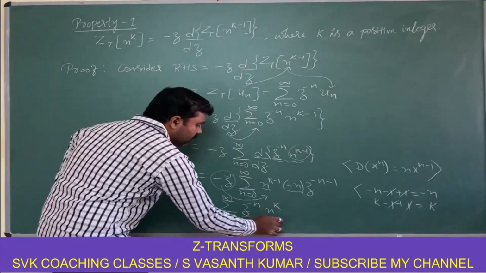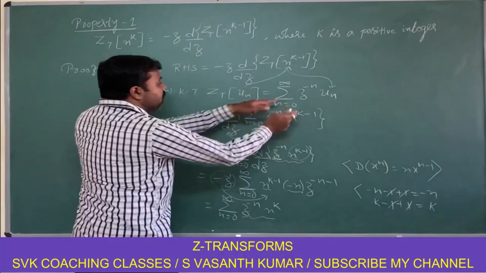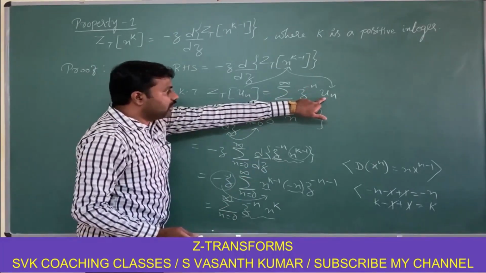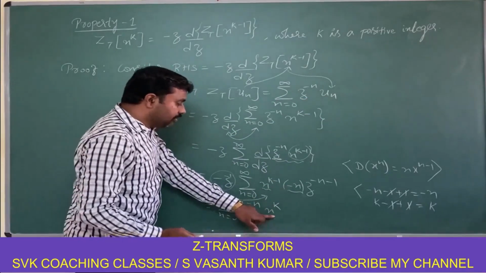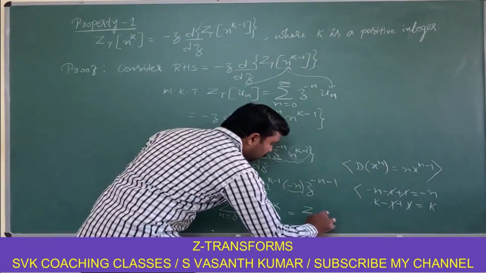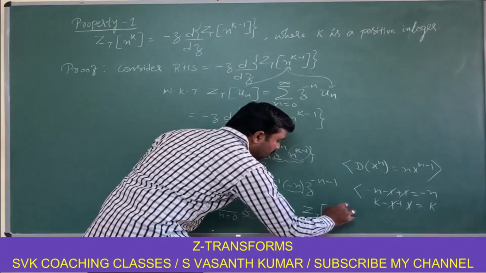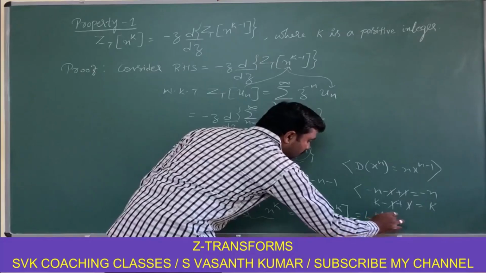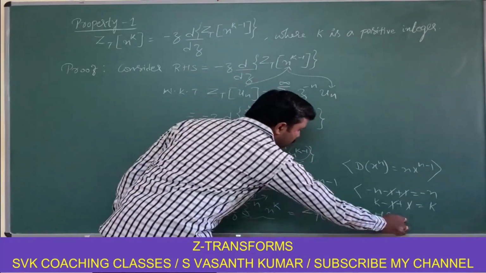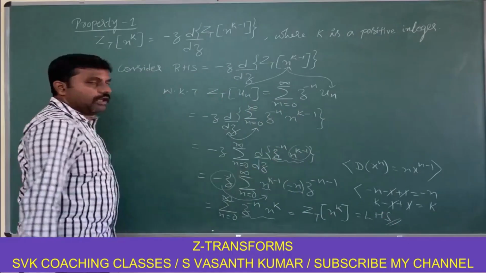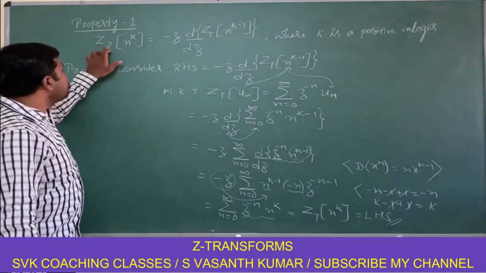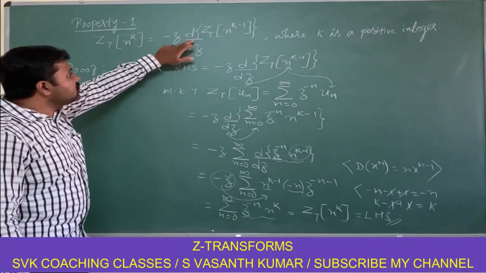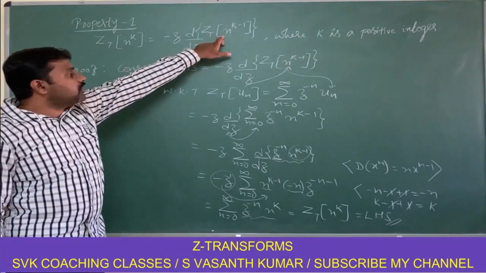The expression is now of the form summation n equal to 0 to infinity z power minus n u_n, and in place of u_n we have n power k, which is nothing but the Z transform of n power k by the definition of Z transform. So hence it is proved, RHS is equal to LHS. This is the property: Z transform of n power k can be written as minus z into d by dz of Z transform of n power k minus 1.